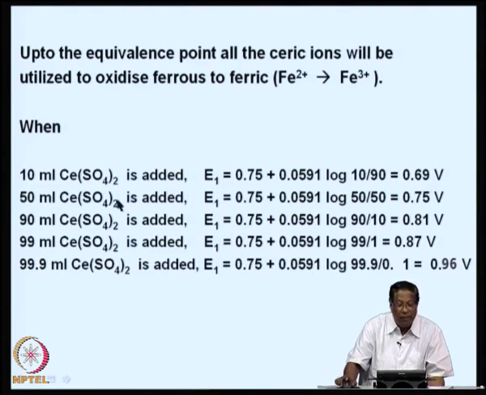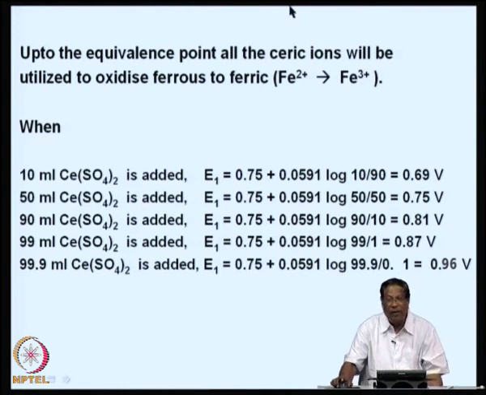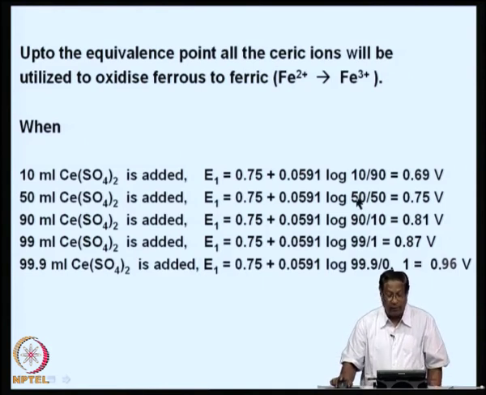Now, when I add 50 ml, 50% gets oxidized and 50% remains unoxidized, and this is 0.75. So, 90 ml, if I add, 90 by 10, 99 by 10 similarly, and then 99.9 divided by 0.01.